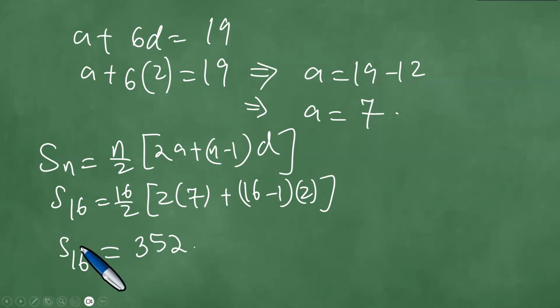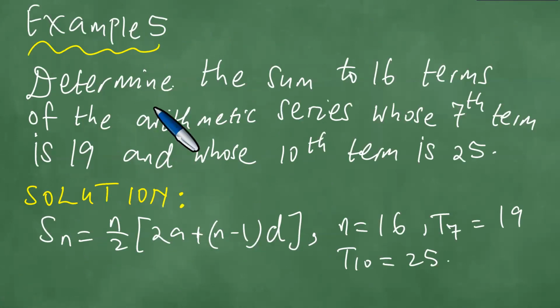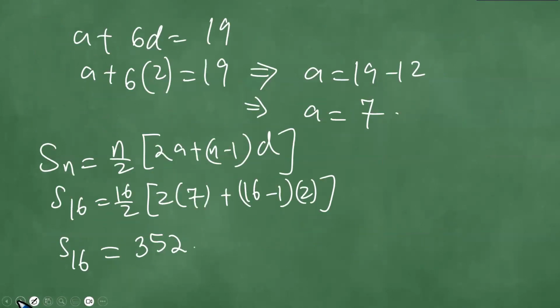So, okay, now let's look at this. Determine the sum to 16 terms of the arithmetic series whose seventh term is 19 and whose 10th term is that. So, right, so you have that.